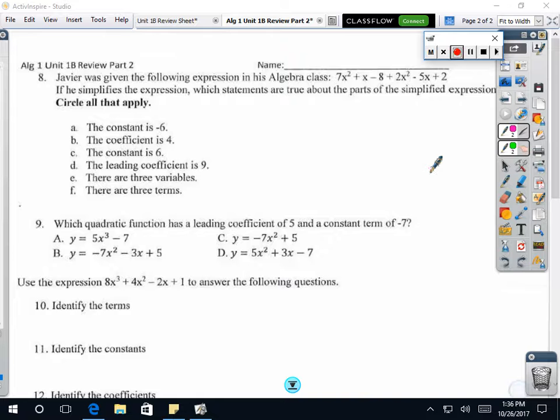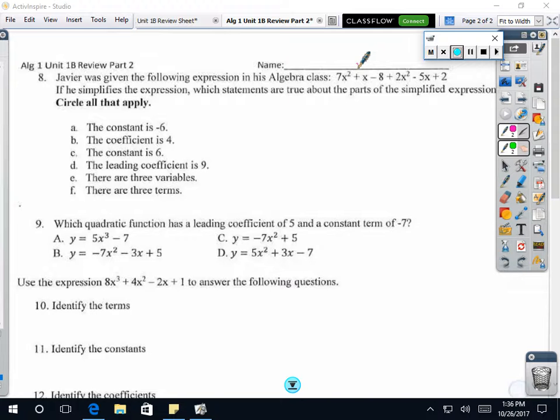Javier was given the following expression in his algebra class. 7x squared plus x minus 8 plus 2x squared minus 5x plus 2. If he simplifies this expression, which statements are true about the parts of the simplified expression? Circle all that apply. That means there's more than one right answer. So what's the first thing I should do?